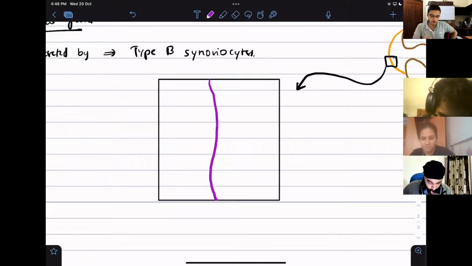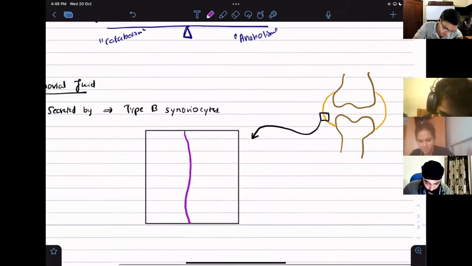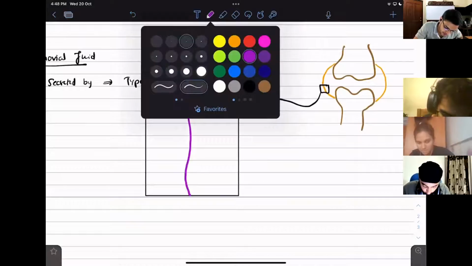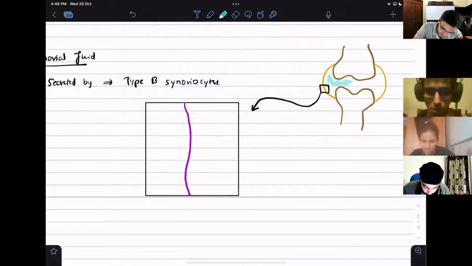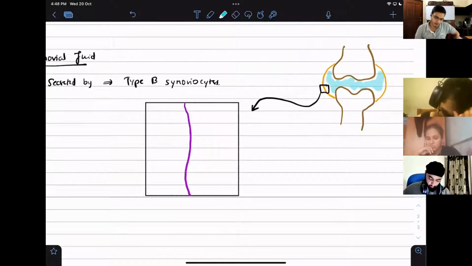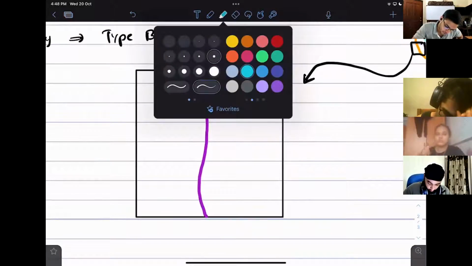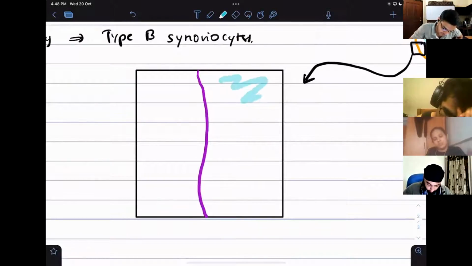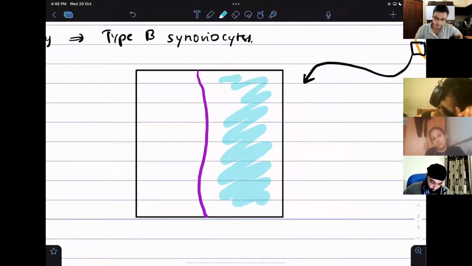All right. Now you all know in this joint space, this area is full of synovial fluid, right? This light blue highlight, that area is full of synovial fluid. Now look at this, guys. So this light blue fluid here is synovial fluid.